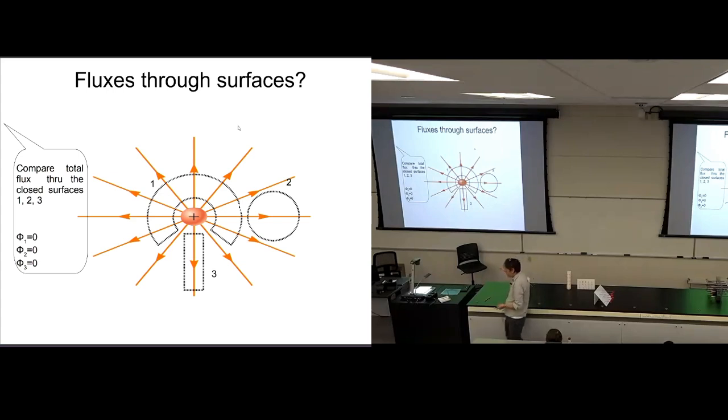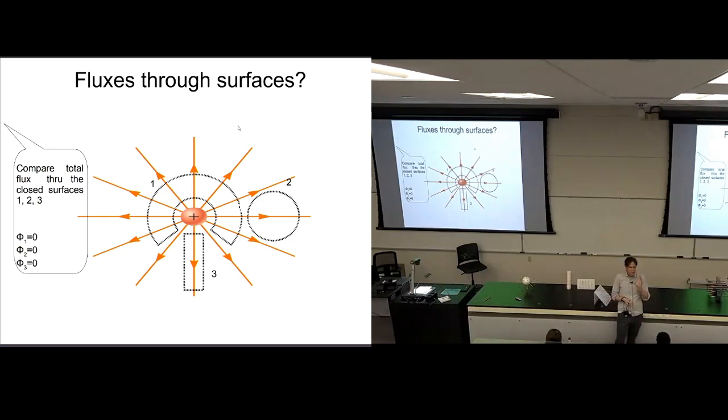So these are three-dimensional surfaces in a three-dimensional field. And the question asks us to compare the electric flux through these three surfaces. So let's think if we can compare the electrical flux through these three surfaces.